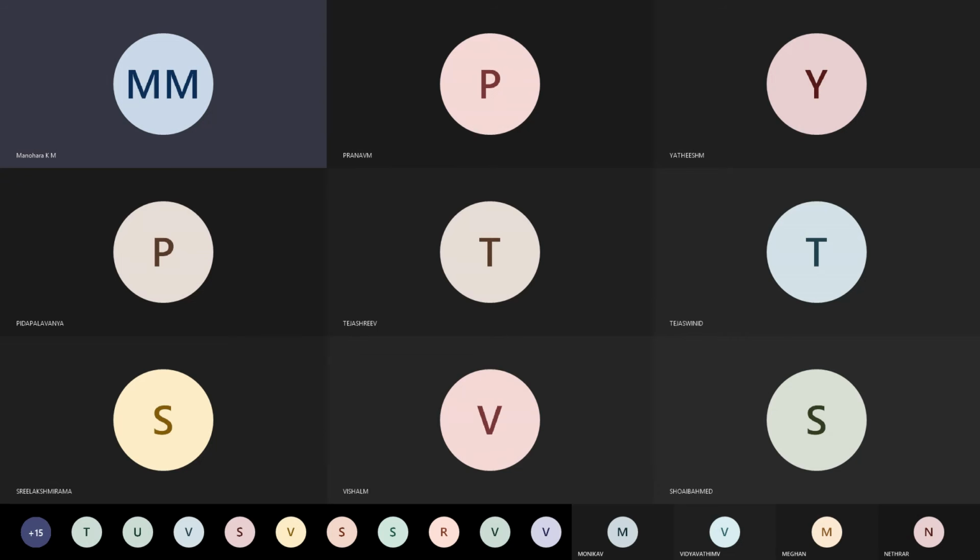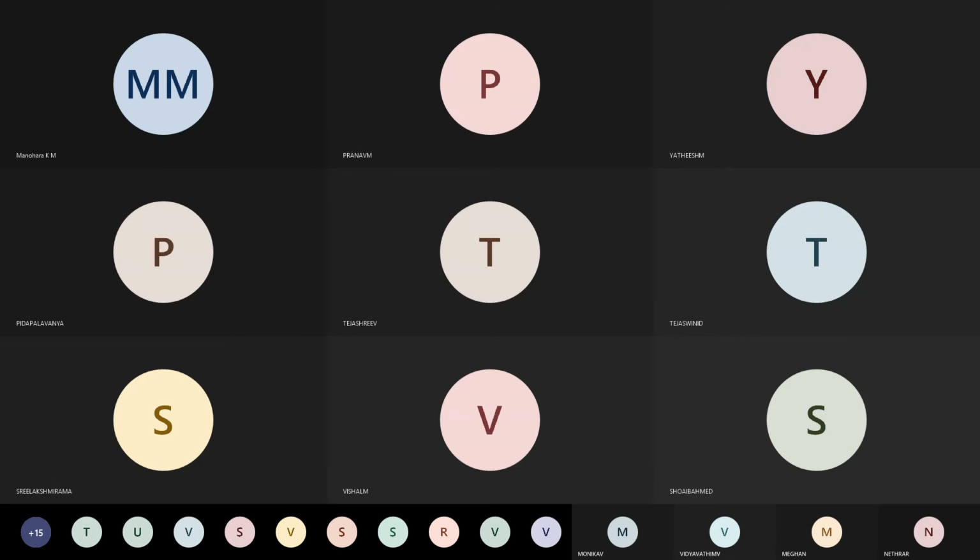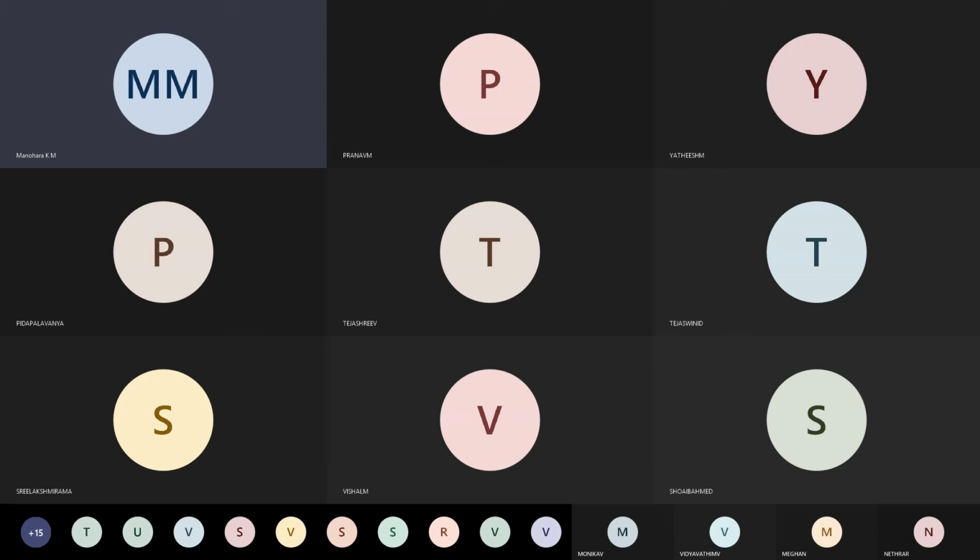Here we have the HARQ ACK or NAK for HARQ process hash 1.